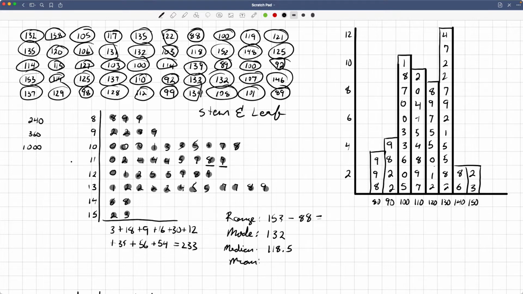I would keep multiplying here. So let's see, I have 1, 2, 3, 4, 5, 6, 7, 8, 9 of these. 1, 2, 3, 4, 5, 6, 7, 8 of these. If this is 9, 10, 11, 12, it's 12 of these.